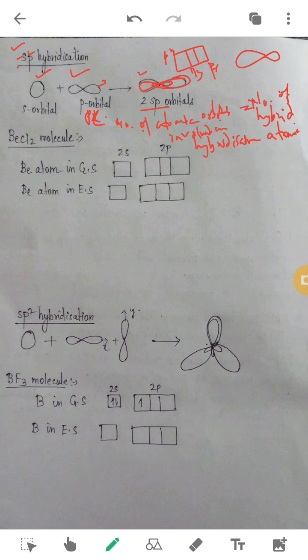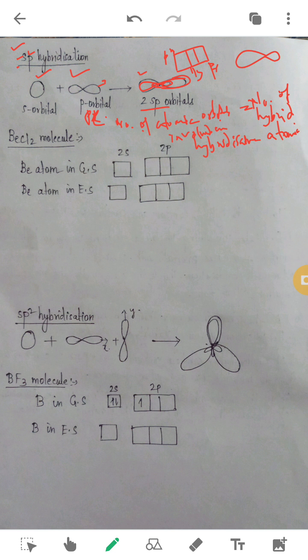Beryllium is 1s2 2s2. I will not write 1s2, as the 1s and 2s orbitals vary a lot in energy, and as we have told in the rules, orbitals that vary greatly in energy will not take part in covalent bond formation. They will not form the hybrid orbitals.